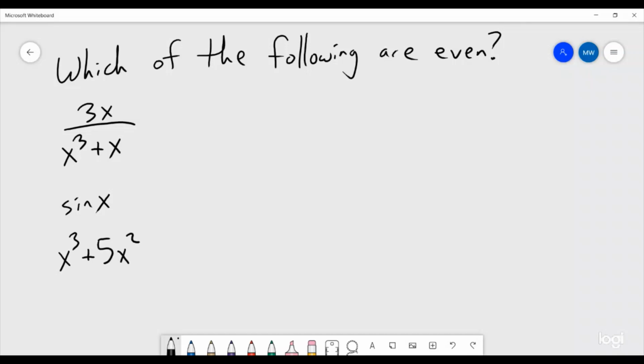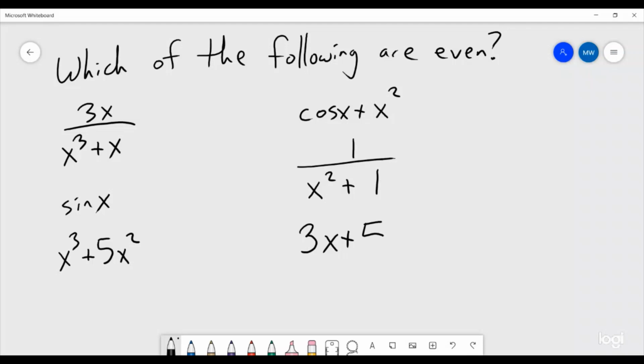We've got cosine of x plus x squared. We have 1 over x squared plus 1. And let's also have 3x plus 5. Let's try and figure out which of these are going to be even. So go ahead and pause the video, try and figure out which ones are even, and then we'll go through them all together.